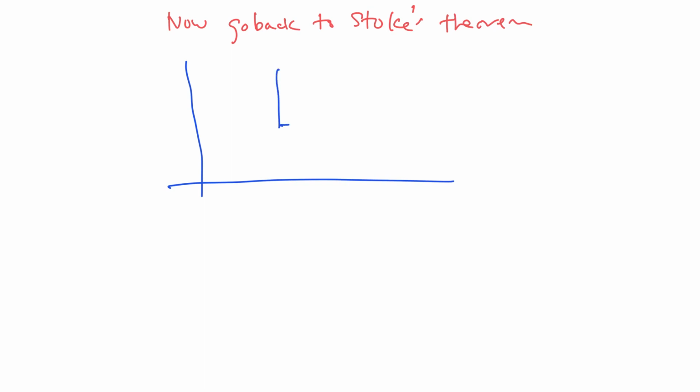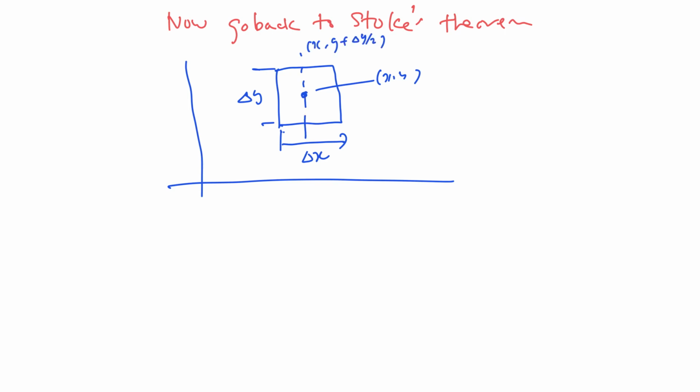So we are actually making a small rectangle in x and y: delta x, delta y. Here is (x, y plus delta y over 2), here (x, y minus delta y over 2), here (x plus delta x over 2, y), and this is (x minus delta x over 2, y).